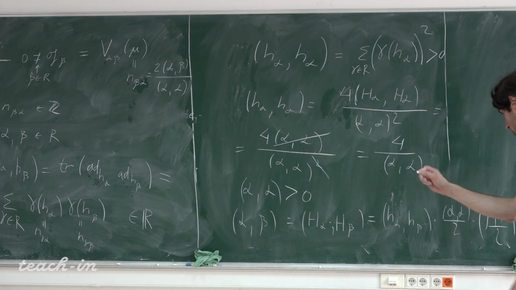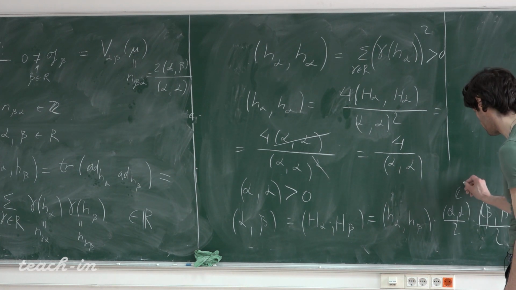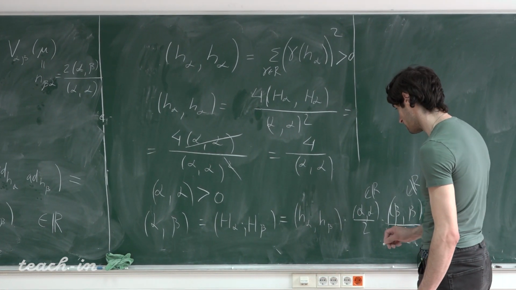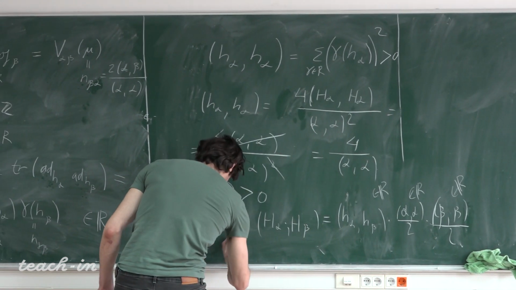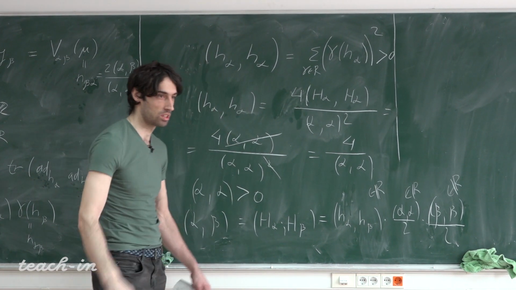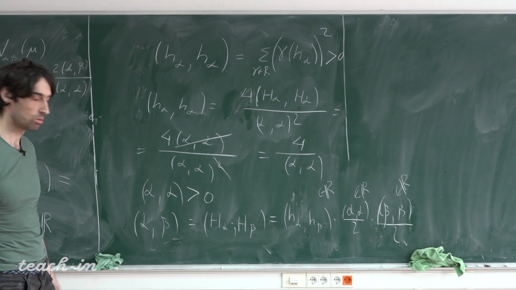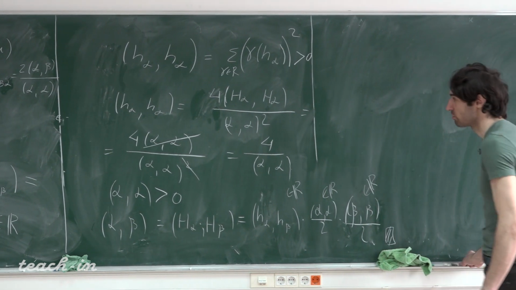This is again the relation between small and capital H's. And therefore, this is real, of course. It's positive. This is real. This is real. So therefore, we are done. So this is real. This is positive. So we proved the first part.